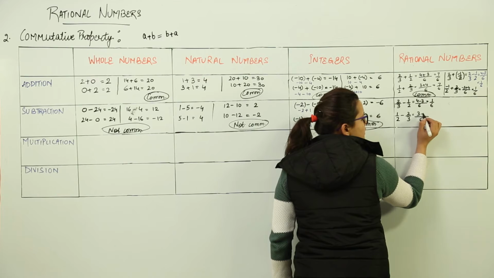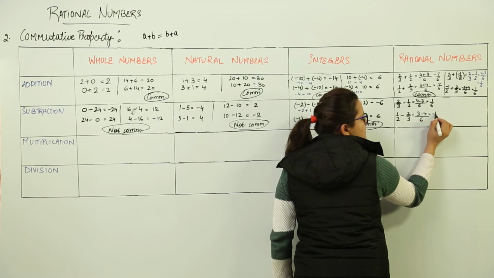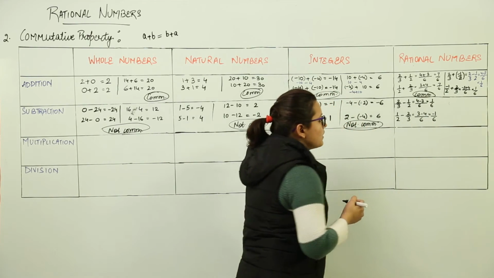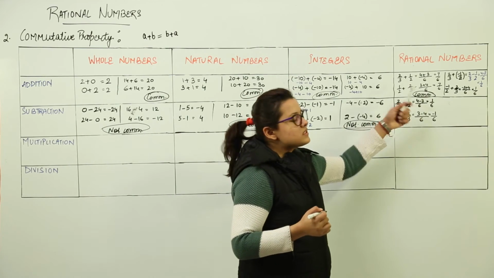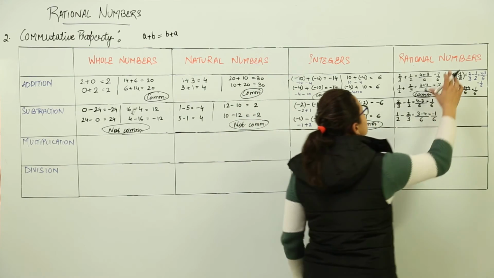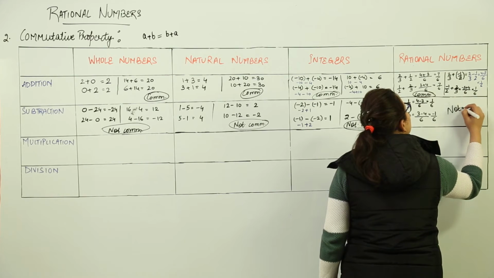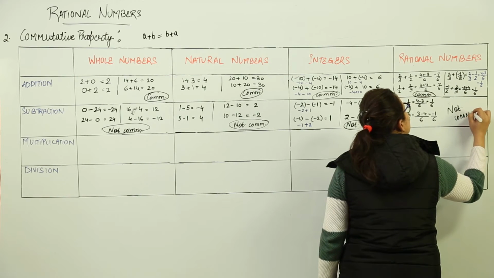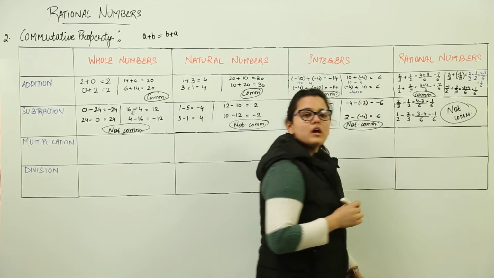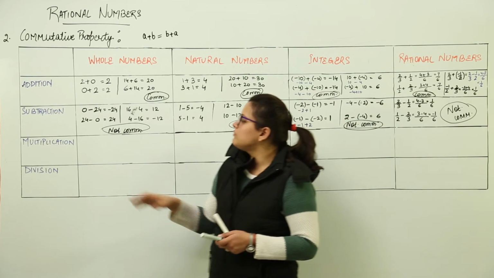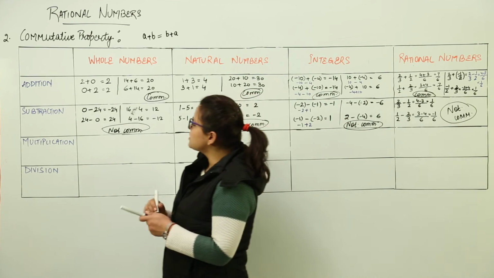This will be 3 minus 4. The answer comes out to be this. You can check here that the answer has different signs. So we can say the property is not commutative for the case of rational numbers. Understood? Similarly, we will be doing multiplication and division.